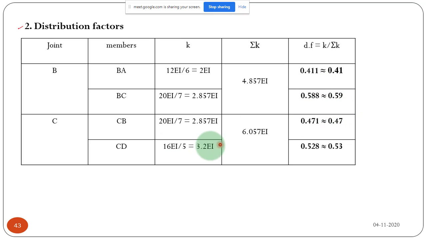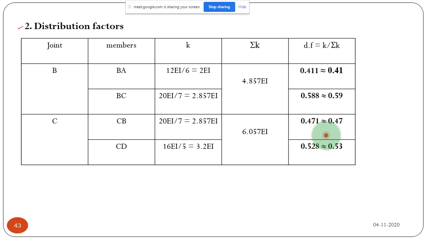Similarly, you can get the distribution factors for CB and CD as K by sigma K: 0.47 and 0.53. The sum of the distribution factors for BA plus BC, 0.41 plus 0.59, should be equal to 1. If you take the sum of 0.471 and 0.528, that also will be equal to 1. You can do this cross check to verify your distribution factors are correct.